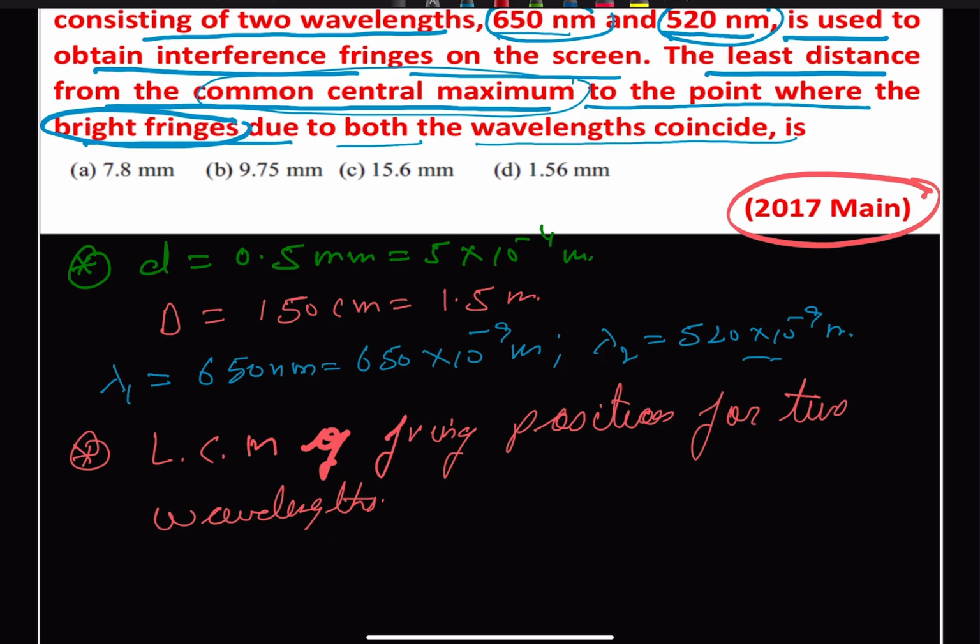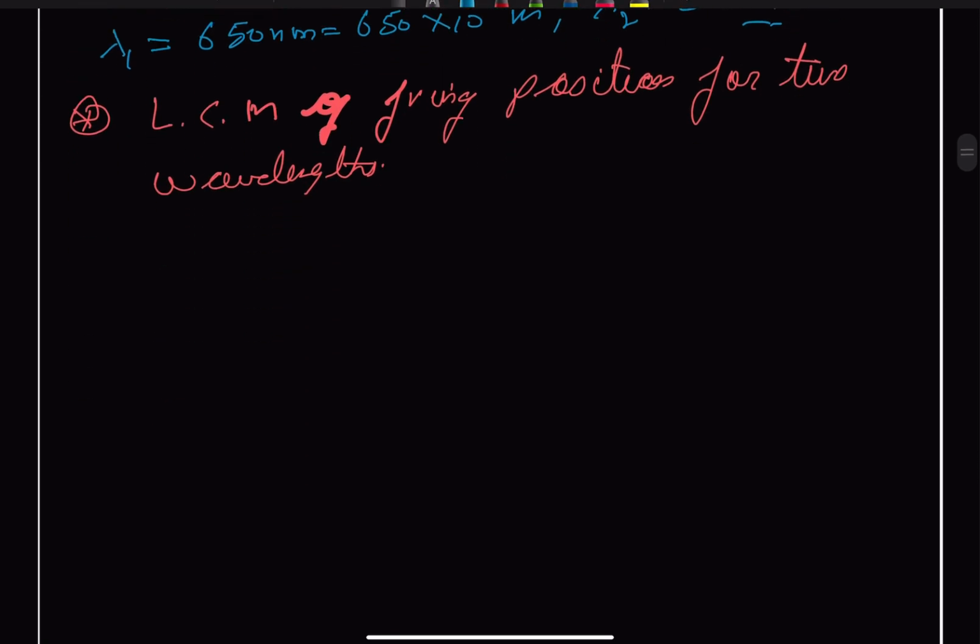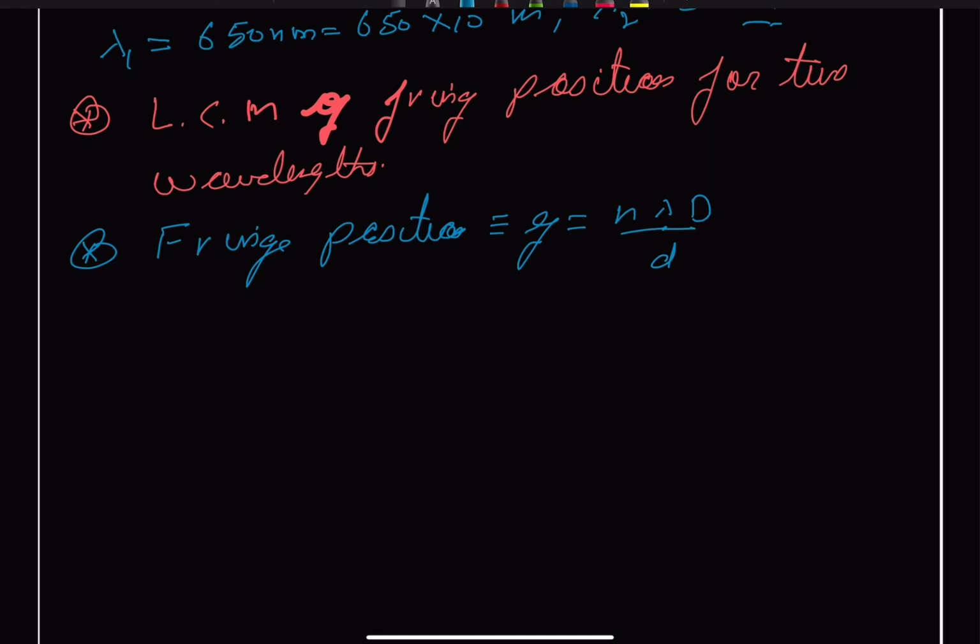We already know the fringe position formula, and that formula is given as y equal to n lambda multiplied by capital D divided by small d. This is for the nth bright fringe.